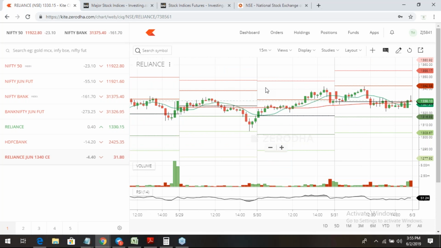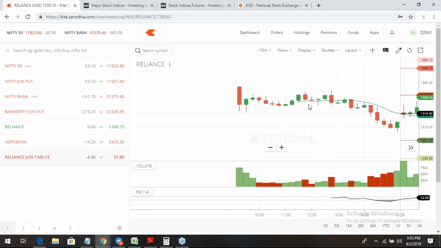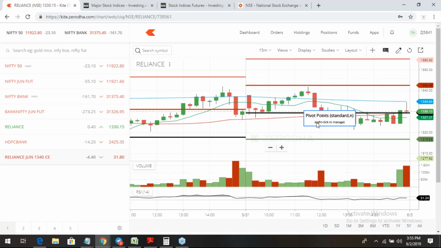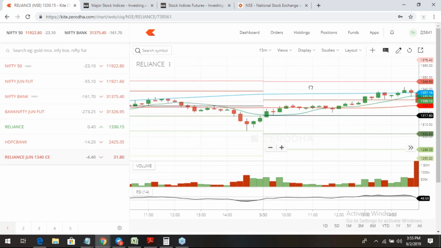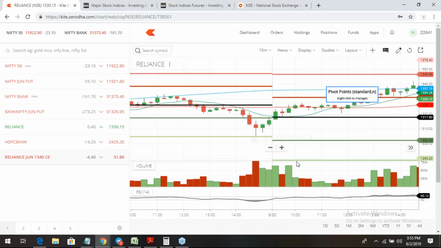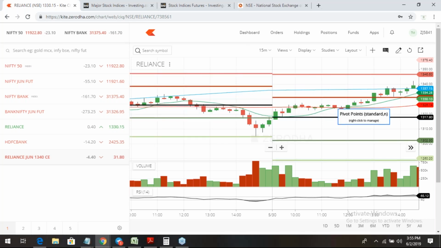See here, exact change, support, again going up, right? Pivot point will act as support and resistance for intraday players.